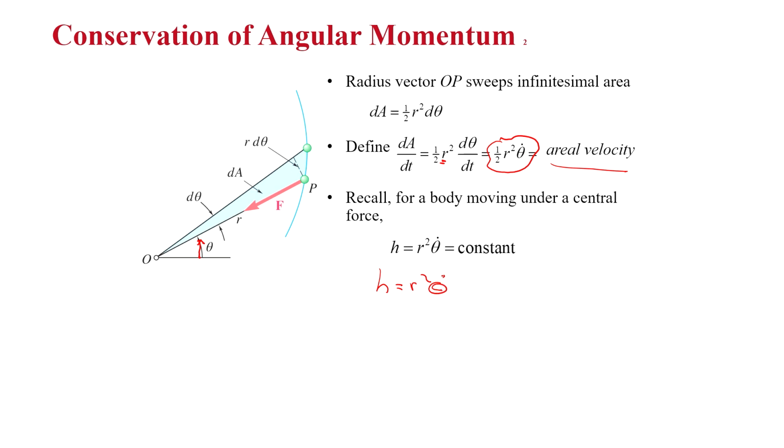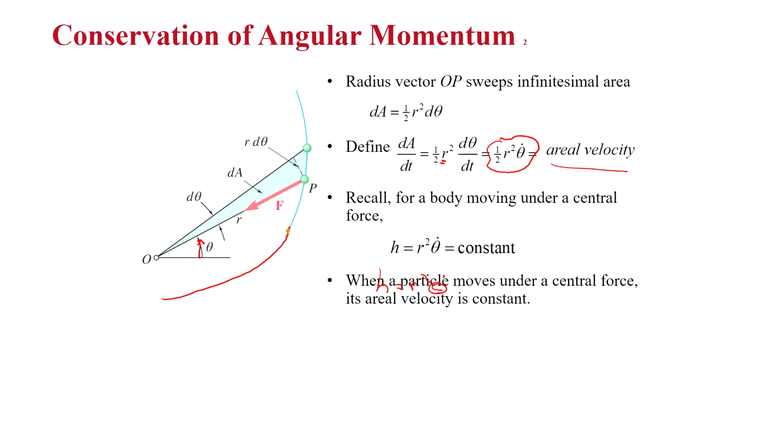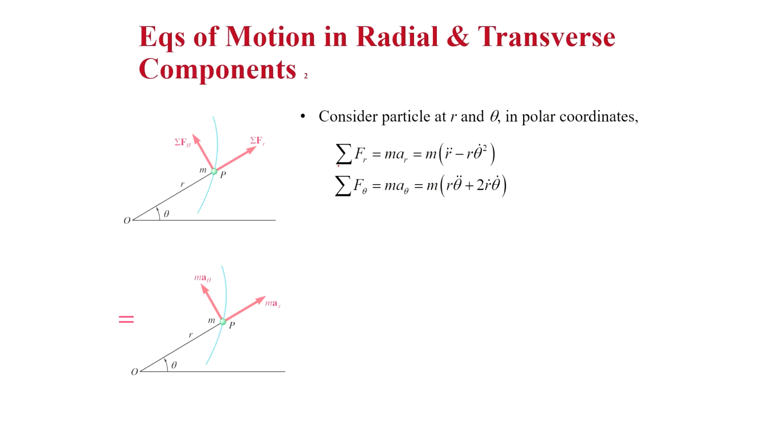That's the velocity, right? The angular velocity. And when a particle moves under a central force, its areal velocity is constant. Do we know that? So this is because even though you're accelerating because of the change of rotation, your velocity on the periphery is constant.